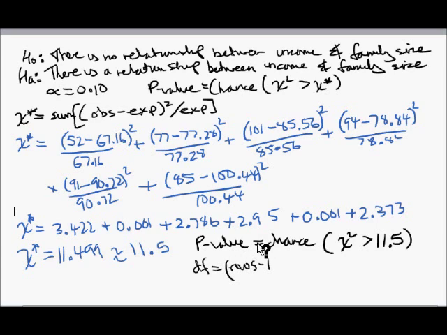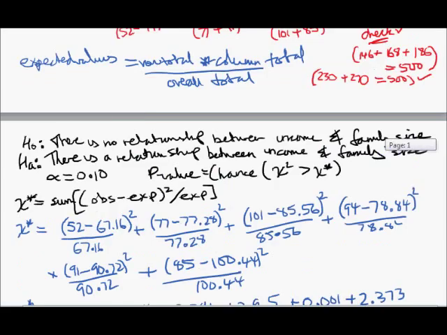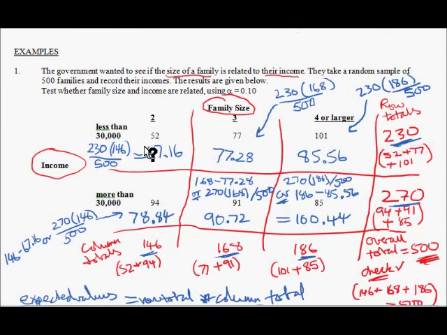That is the original rows and columns. So note, originally we had 3 columns, 1, 2, 3, family size of 2, 3, and 4 or larger, and 2 rows, less than 30,000 or more than 30,000.